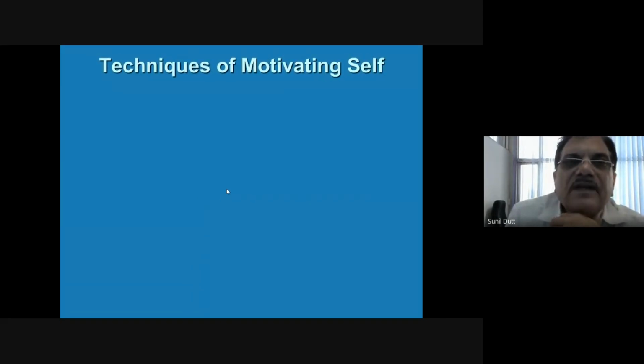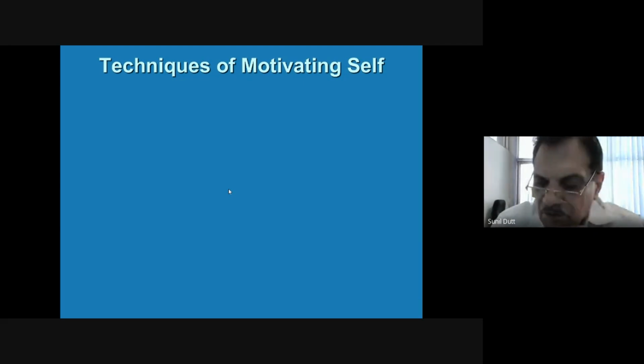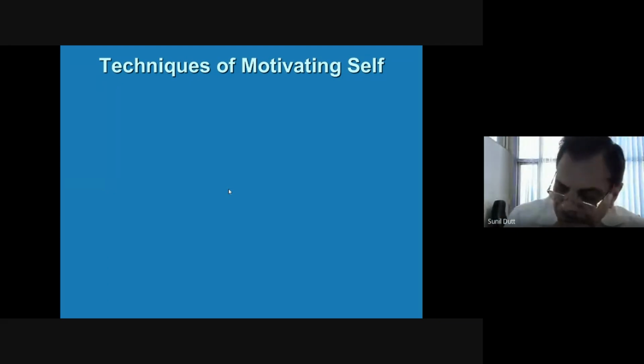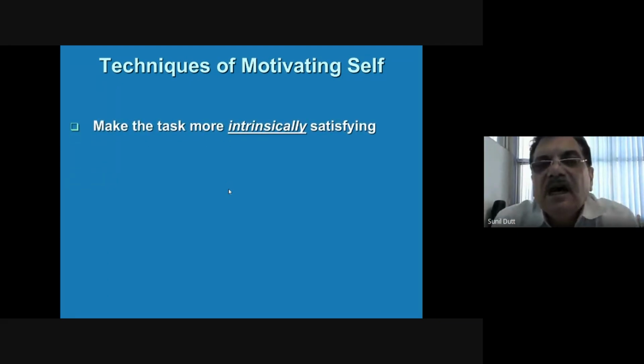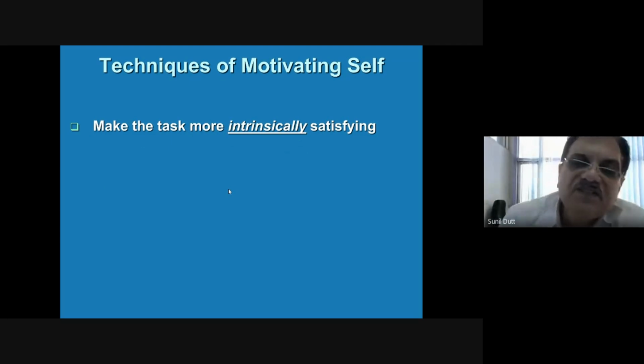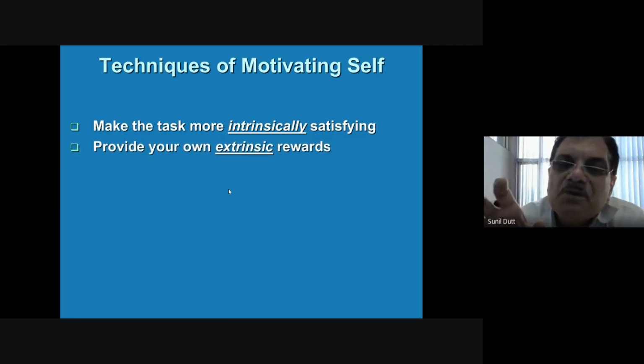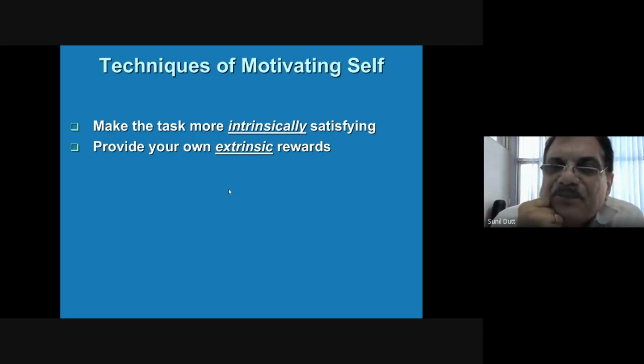So now let us have a look at the techniques of motivating self, and then we'll talk about techniques of motivating others. Make the task more intrinsically satisfying. Try to think about how you can develop yourself by doing this activity, how you can contribute towards the development of the organization.